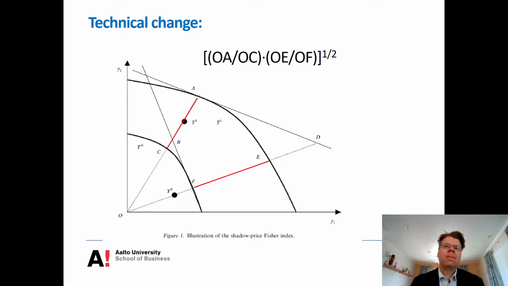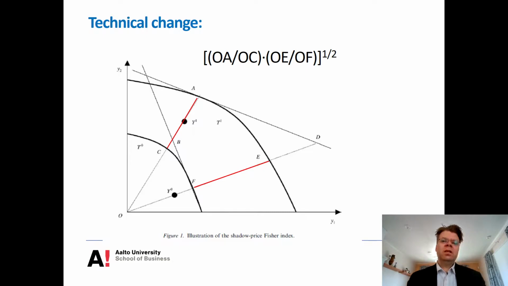Of course, there would be arbitrarily many different potential projections, but the idea of measuring this technical change component is to use this base period perspective and the target period perspective. So measure the length of these two red lines in relative terms, of course, and then take the geometric mean of the two. That's the technical change component.